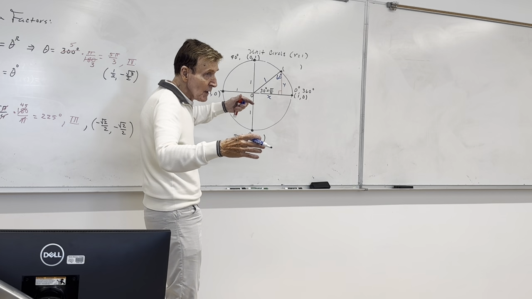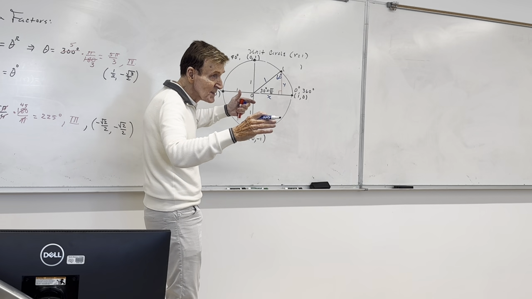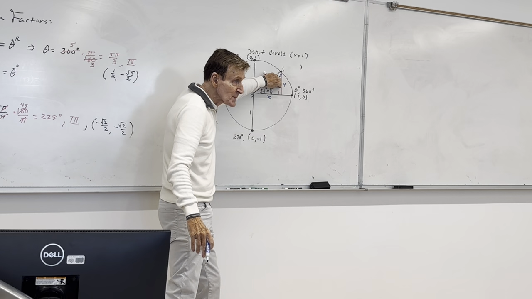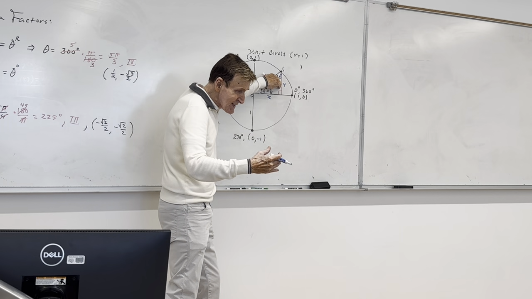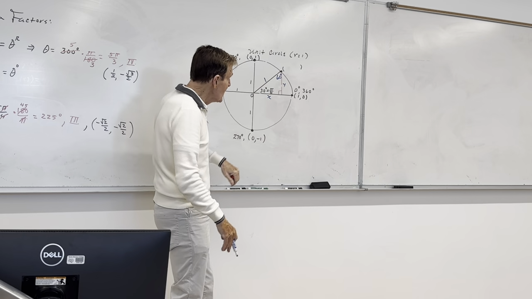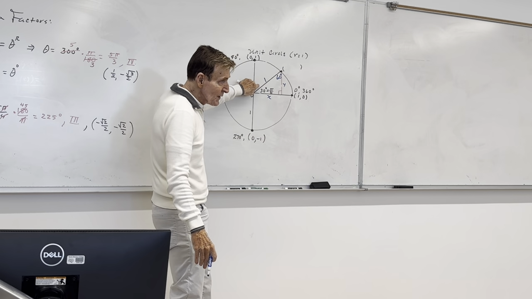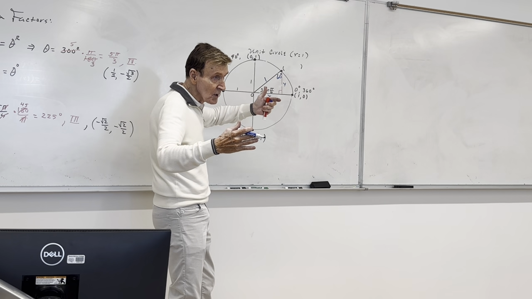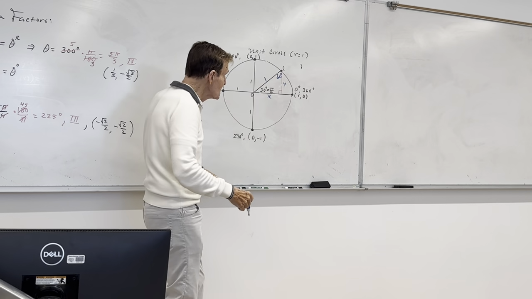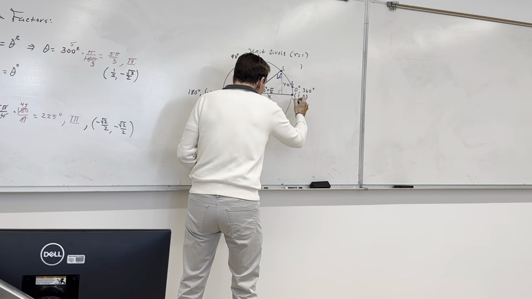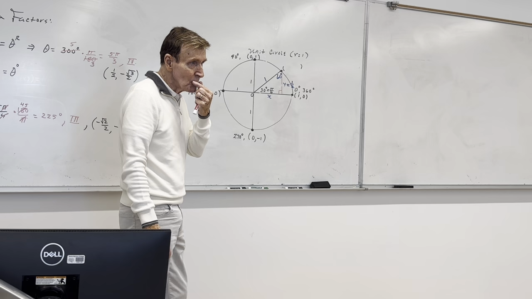So he said, Professor, I remember you telling us on Monday that the side opposite the 30, this side over here, in a 30-60 right triangle is always, no matter how large or small that triangle is, one half the length of the hypotenuse. And my hypotenuse, thank goodness, is on that unit circle, which has a radius of 1. So one half of 1 is 1/2. That side's done.